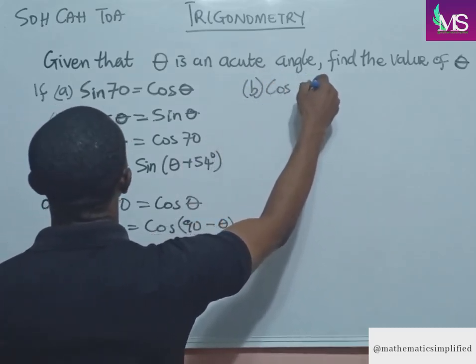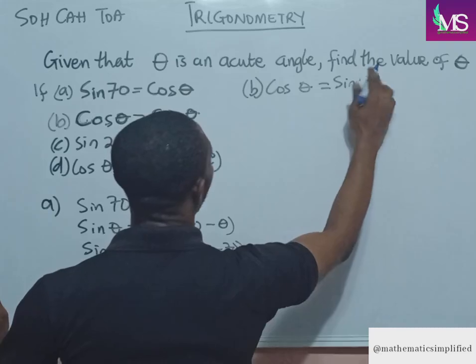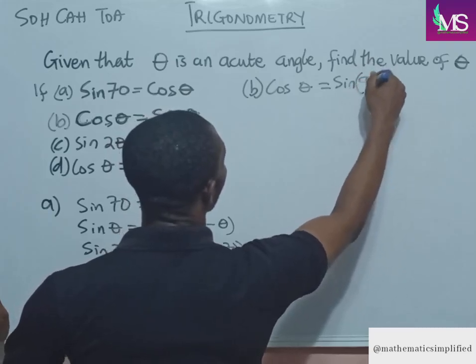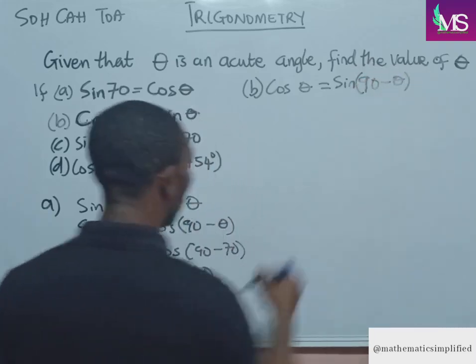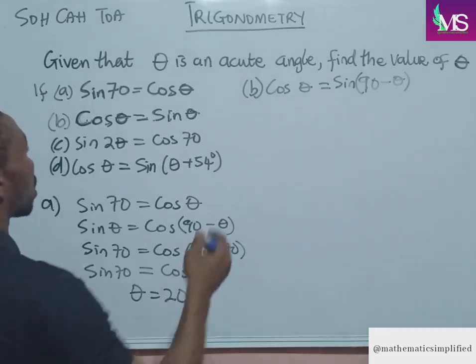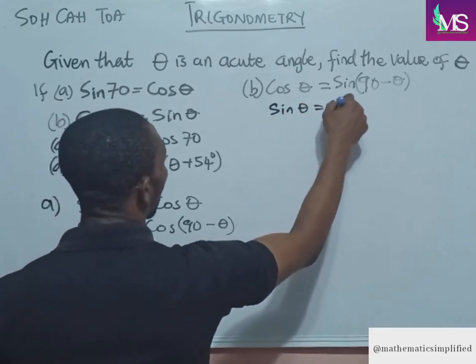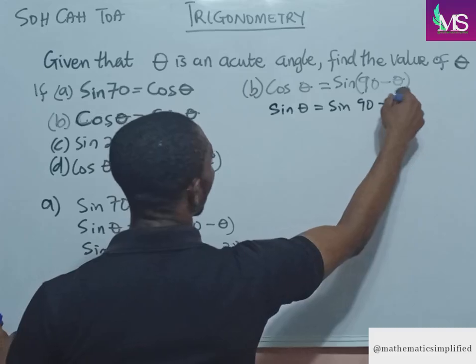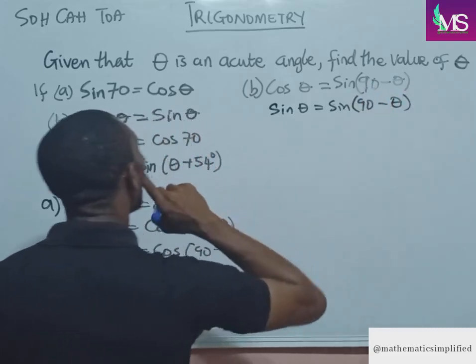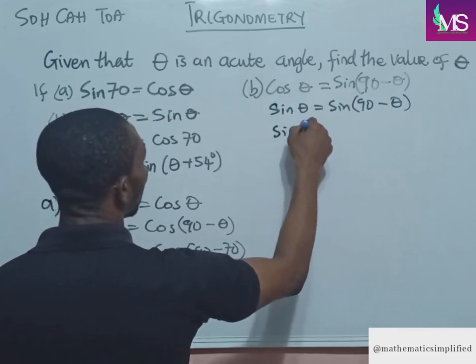Cos theta equals sine 90 minus theta, since both are equal. So this can now give us sine theta equals sine 90 minus theta.